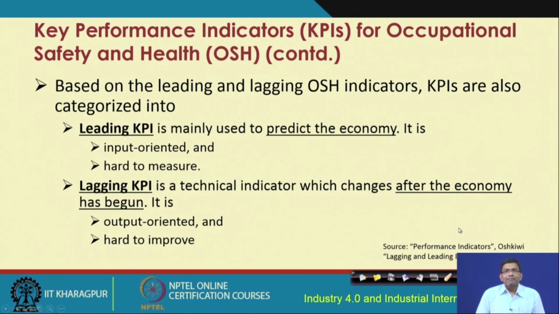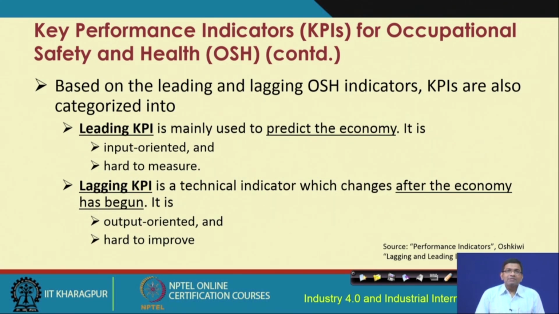Based on their types, these KPIs can be categorized into two types. One is the leading KPI, which is mainly used to predict the economy. It is input oriented and is hard to measure.